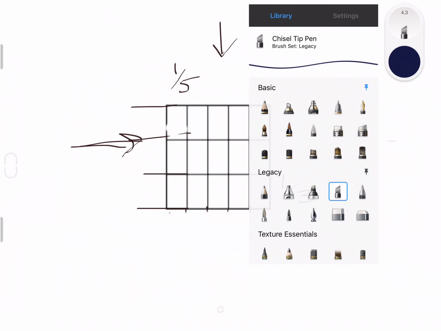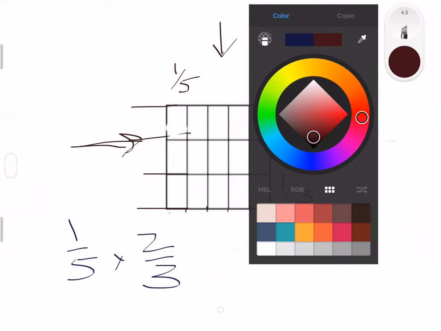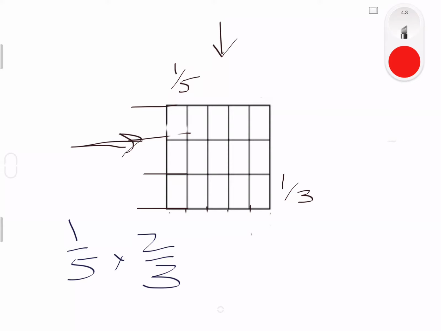C says 1/5 times 2/3. So let's try it out. 1/5 times 2/3. Can you model that equation with this picture? There's 1/5. And here's 2/3. One of them. And another one of them.